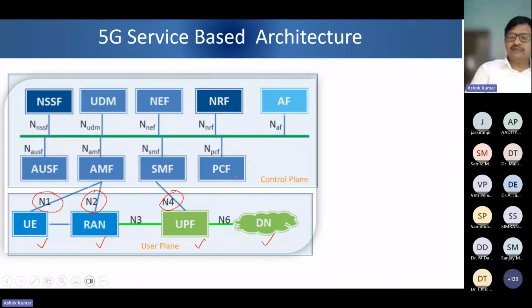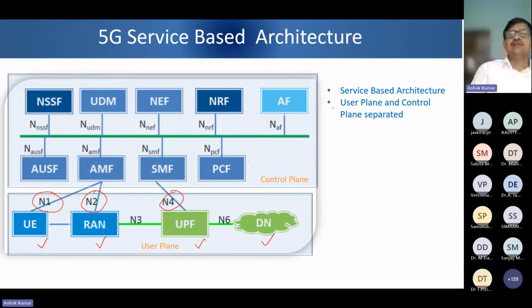So what benefit do I get from a service-based architecture? Now I have completely segregated user plane and control plane. You can see the top part is control plane and the bottom part is user plane. Since the user plane is segregated, unlike in a 4G network where the PDN gateway and serving gateway were also doing certain control functions like session management, it was not possible for 4G to locate those network functions near the user. But in 5G, I can now place this UPF and connect to a data network locally.